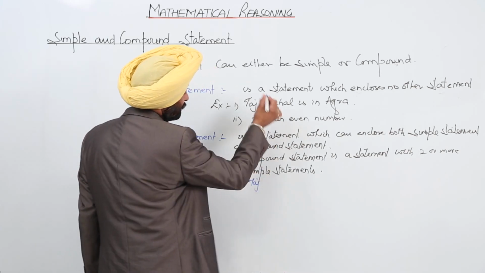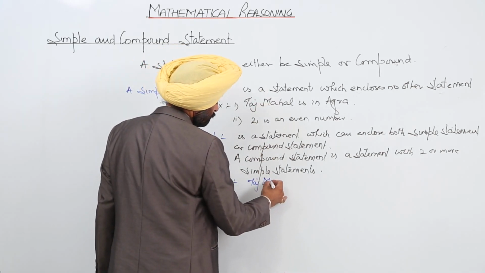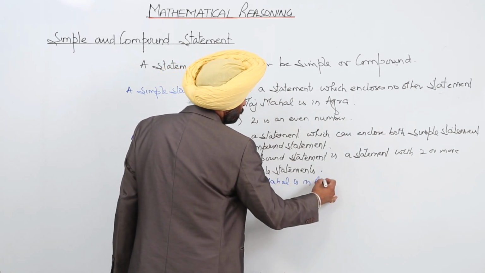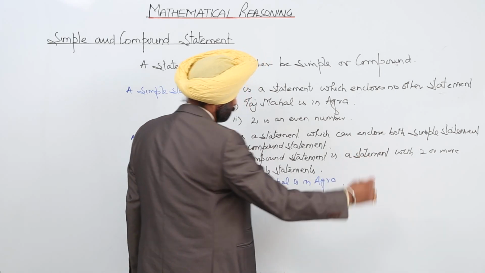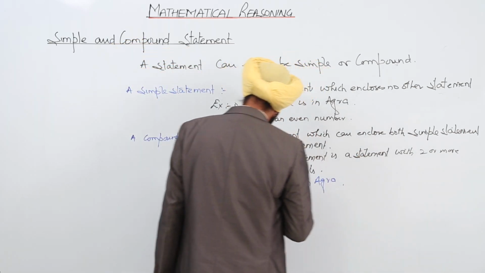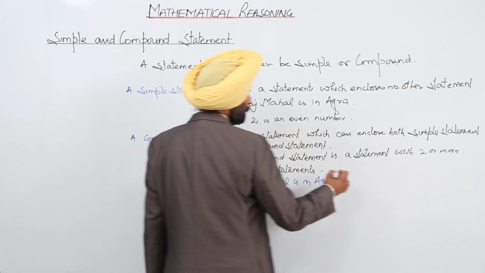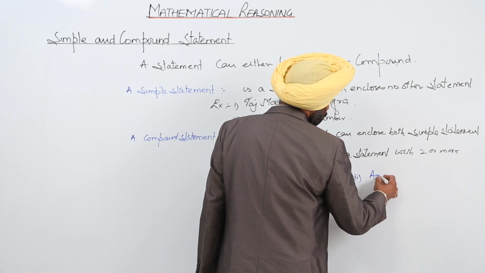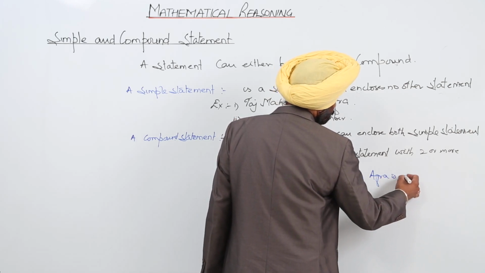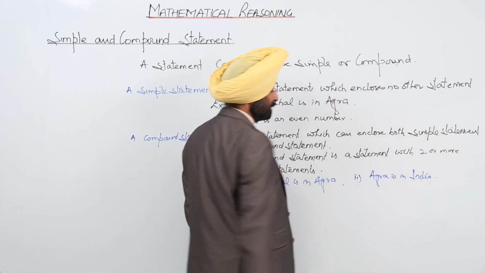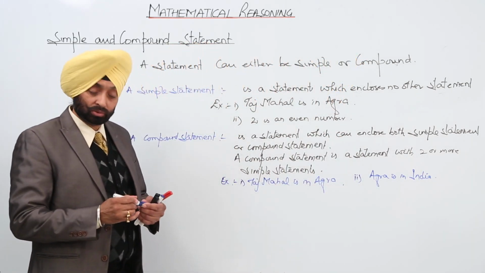The first simple sentence I wrote here was Taj Mahal is in Agra. One simple sentence. Suppose this is the first simple sentence. The second simple sentence is Agra is in India. Now, can we combine these two sentences?